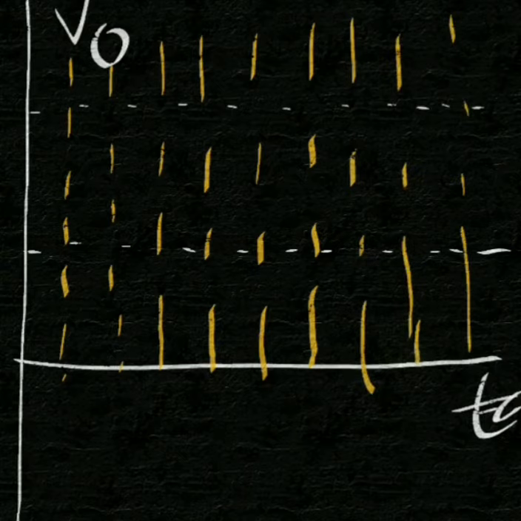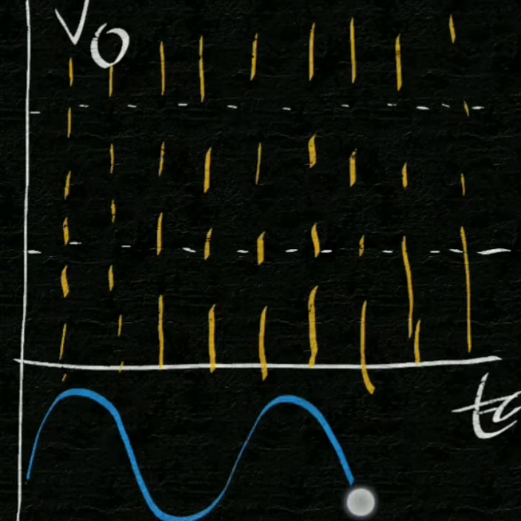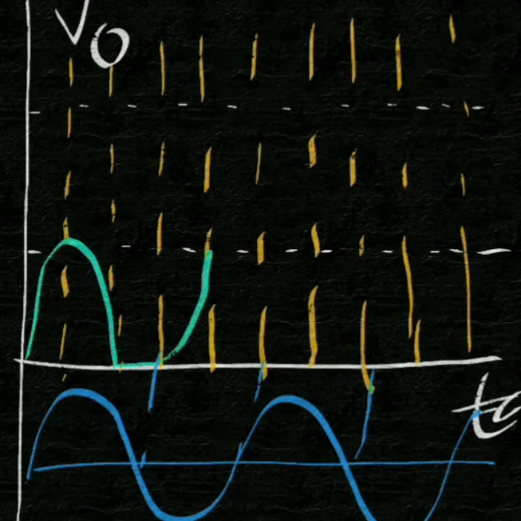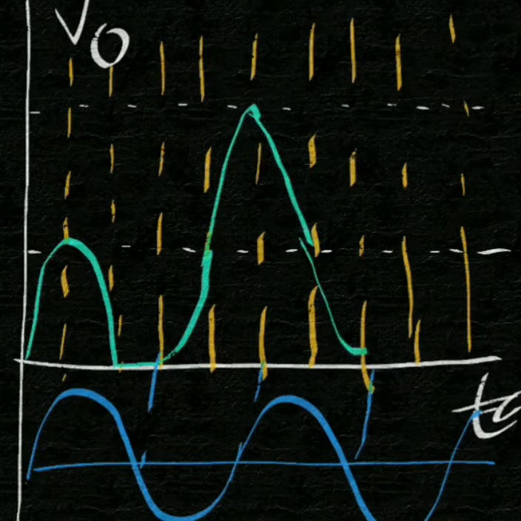Our input is like this. Okay, now from 0 to T by 2 the Vo followed Vin, then it was 0 till 3T by 4, then it followed Vin again, then it went to 2Vm, then to Vm, then 0, then to Vm and 2Vm, like this.